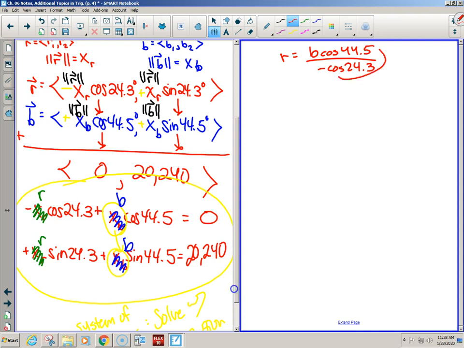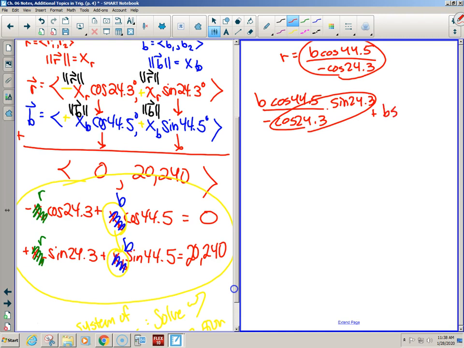I could take that expression and plug it into the other guy, which I know you wouldn't totally love, but check what happens. Cosine of 44.5 all over negative cosine of 24.3 times sine of 24.3. Oh wait, isn't that tangent? Plus B sine of 44.5 equals 20,240.